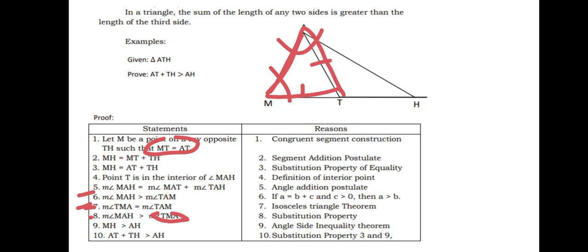So that's for number 8. Again, number 8 comes from number 6: MAH is greater than TAM. And since TMA is equal to TAM, we can substitute TAM with TMA. That's why we have number 8.